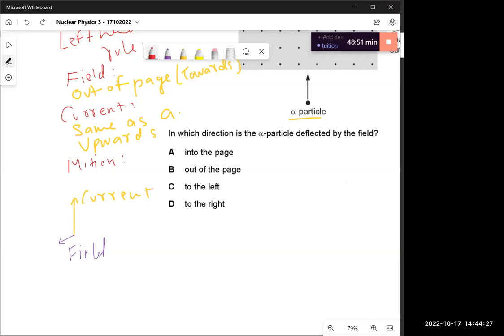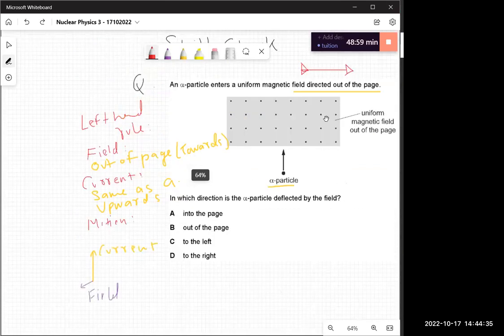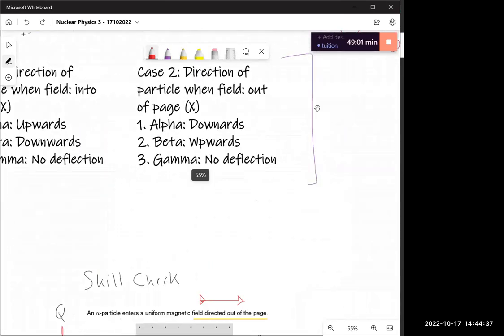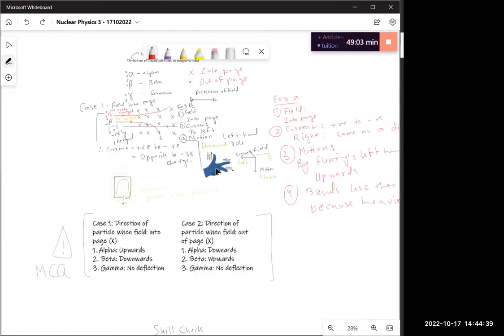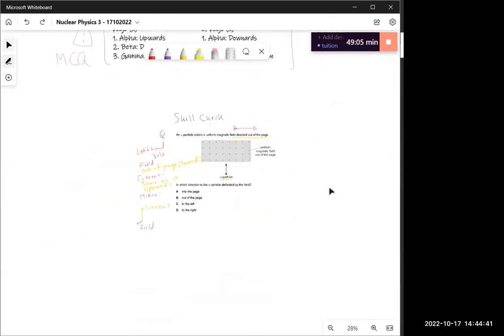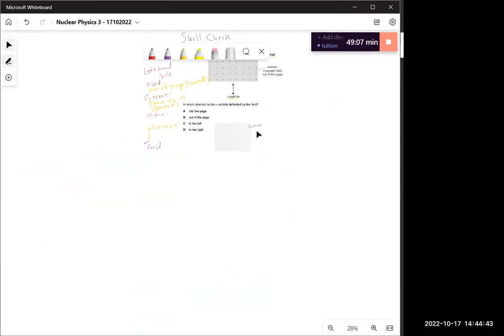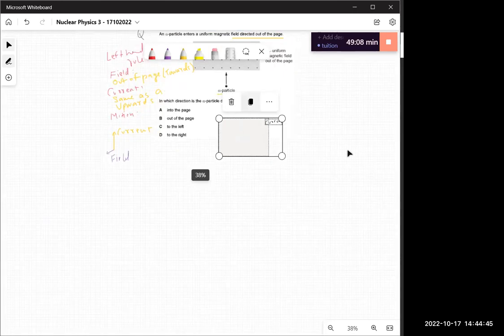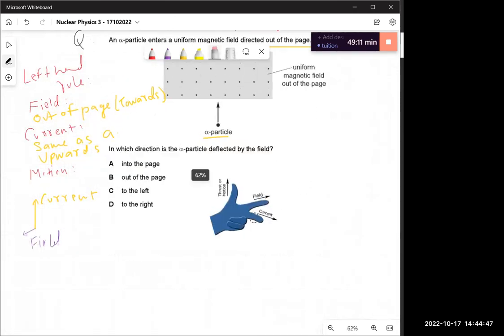First, make your hand like this, and keep your camera on so I can see what you're doing. I need your fingers to be like this.